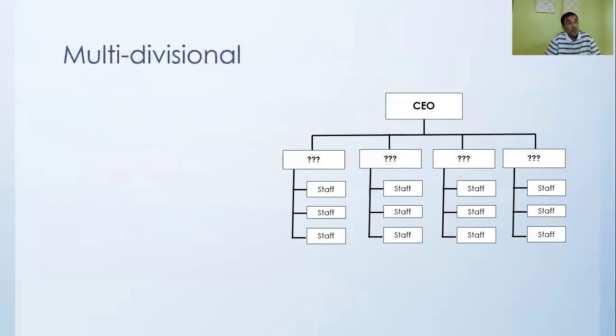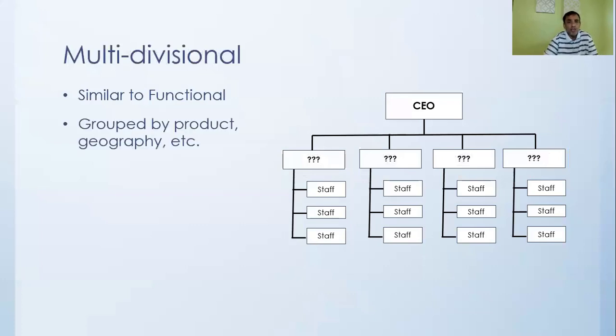Now, as opposed to what we have seen, the functional organization, there can also be multidivisional. Now, multidivisional structure is very similar to the functional, except that this group that you see, that was the function, it can be anything else.